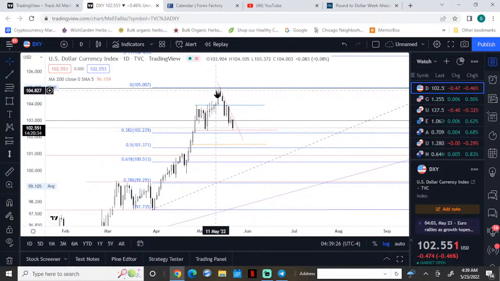It could play around right here or it could shoot back up, or we could see it break and retest and come down a little further. But it doesn't have to fully touch the 382. So all I know is I'm watching, I'm ready.